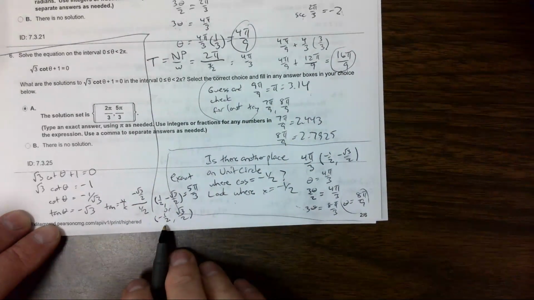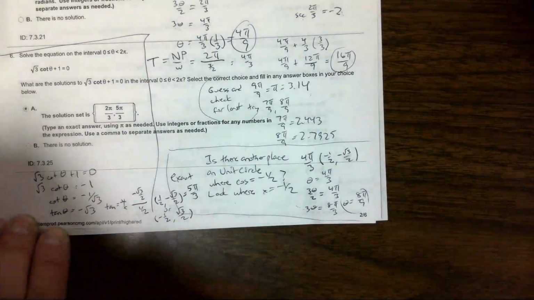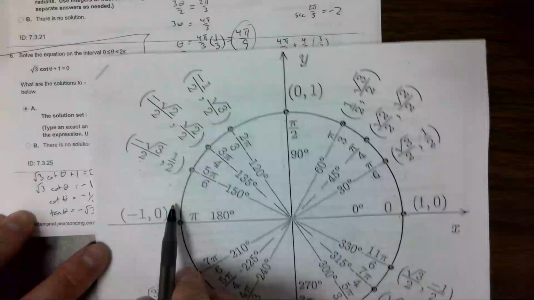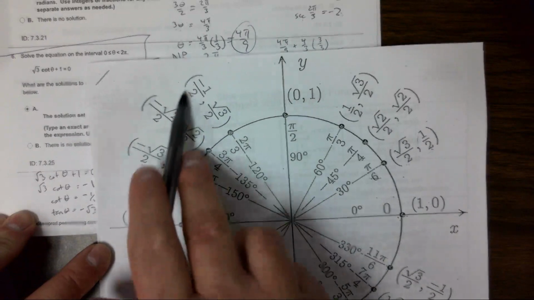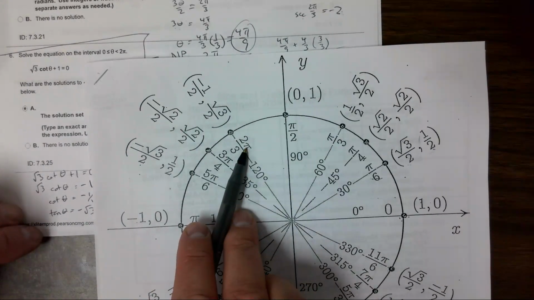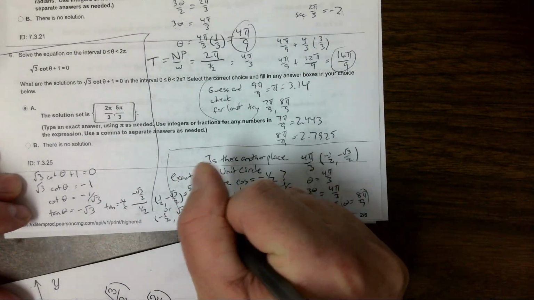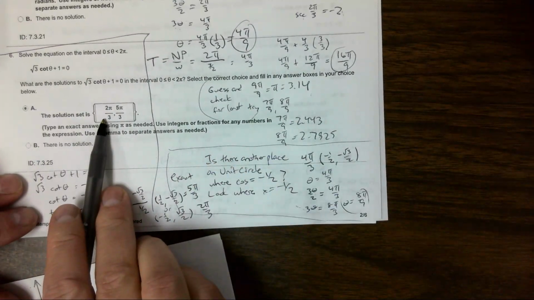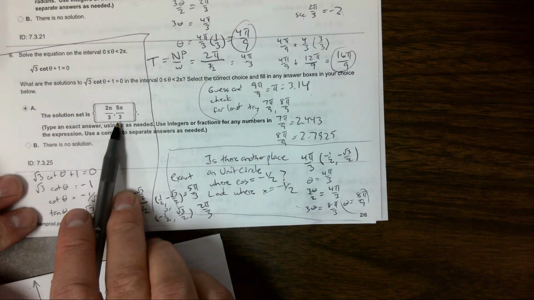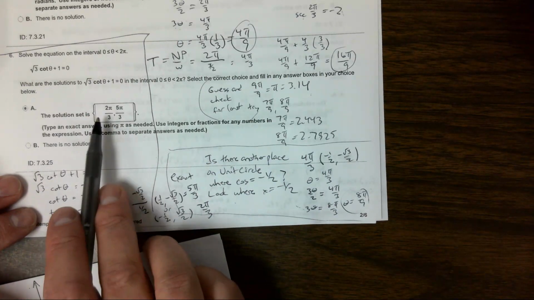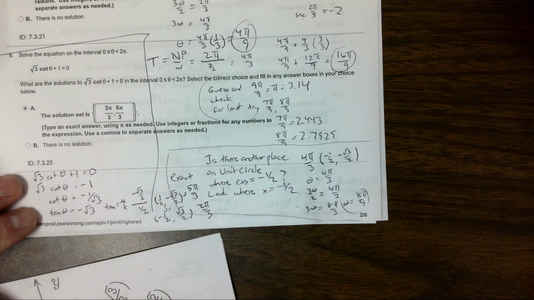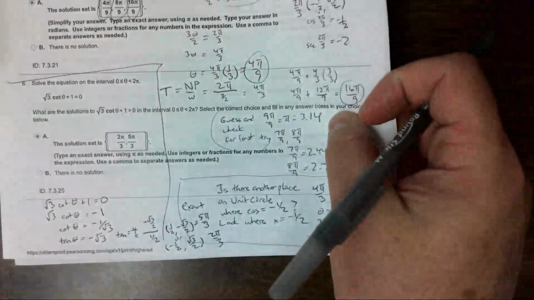And this is where x is negative and y is positive. And that's at 2 pi thirds. And then they just ordered it least to greatest. I don't know if you have to do that or not, but there they are.